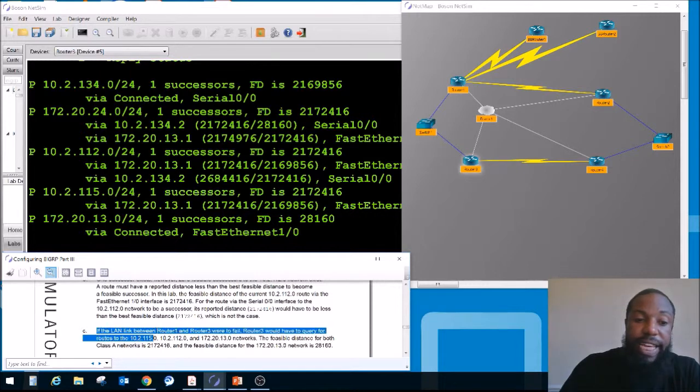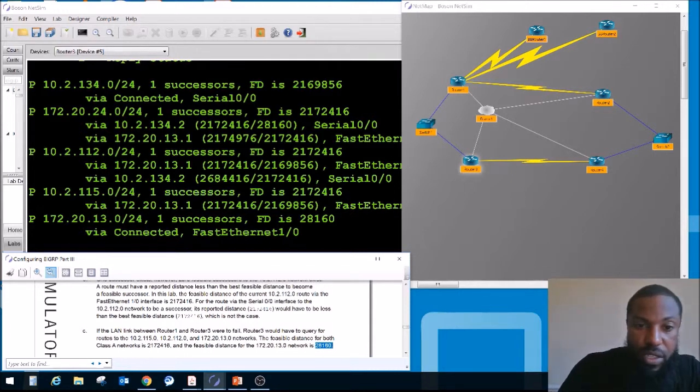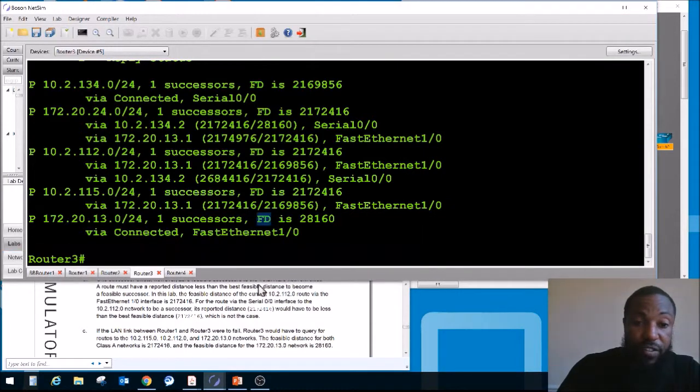Anyways, if the LAN link between router 1 and 3 had failed, router 3 would have to query for routes for 10.2.115 and 10.2.112 and these networks. The feasible distance for both Class A networks is that. And the feasible distance for the 172.20.13.0 network is 28160. Remember, FD is feasible distance.